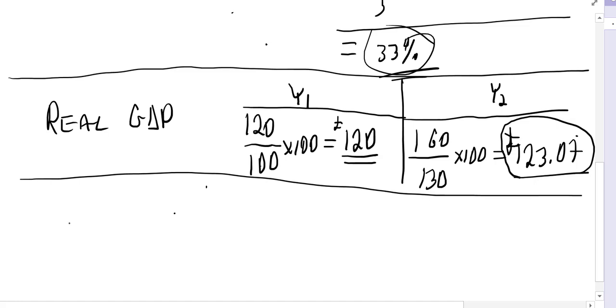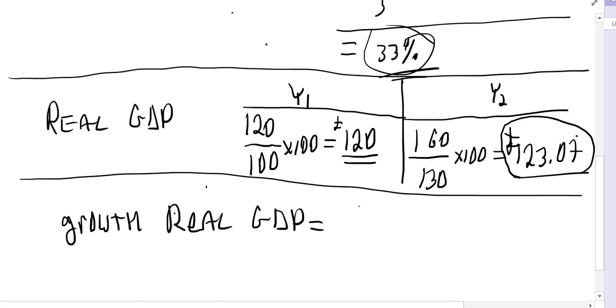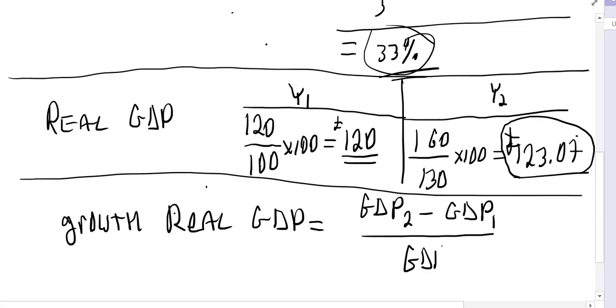Right, let's calculate now the growth rate of real GDP. That is, GDP in the current year, which is year 2, minus GDP last year, which is GDP 1, over GDP 1, times 100.